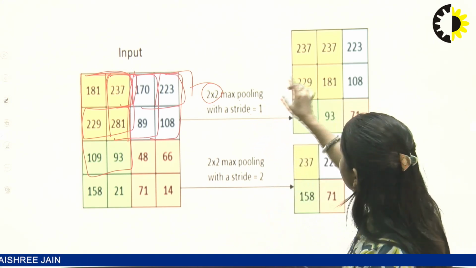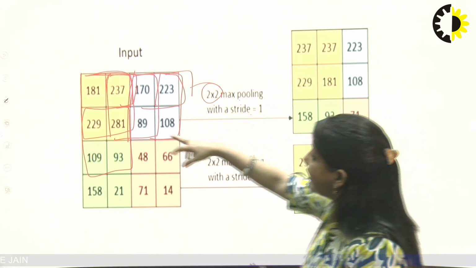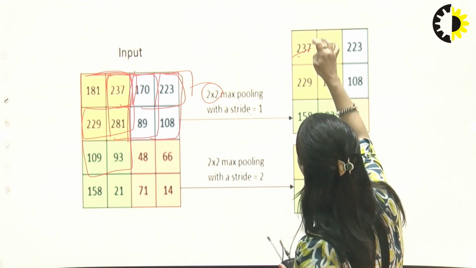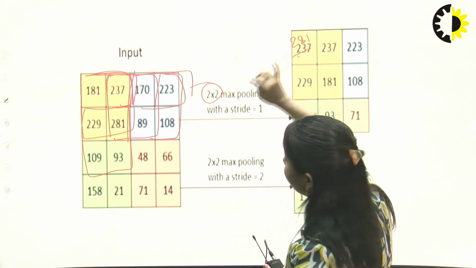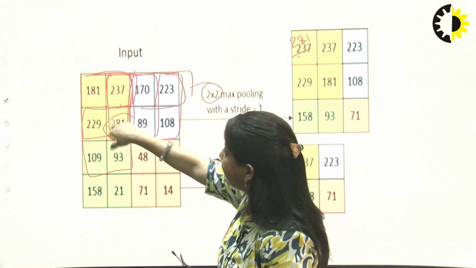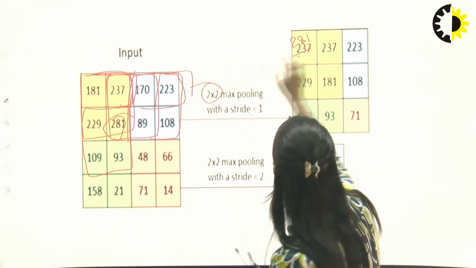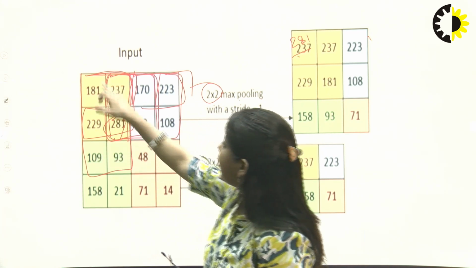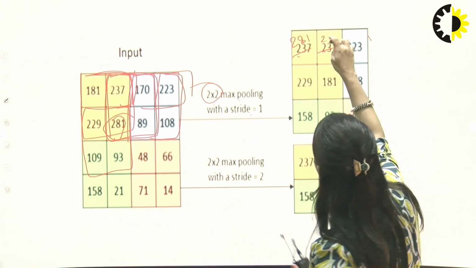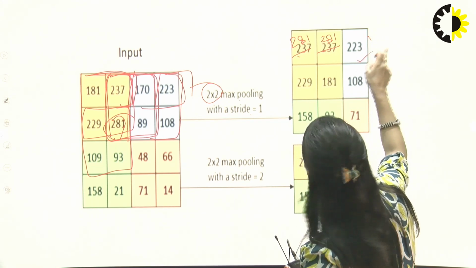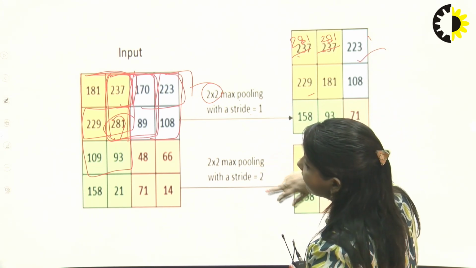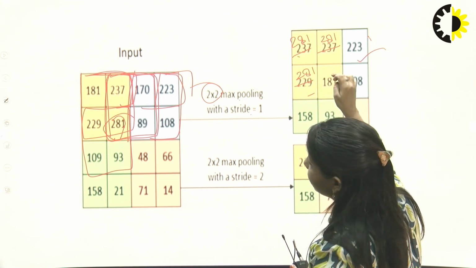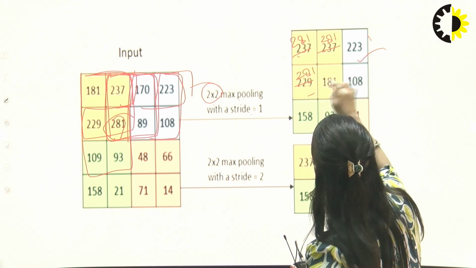In the case of stride 1 max pooling, here we will get the value. Here is a mistake, the value here will be 281, fine, because the maximum value is 281 here, and here we get 223. Just wait. Here we have this stride and the value will again be 281. Here we have 223. In the next stride the max pooling is 281, and in the next block we also have 281.